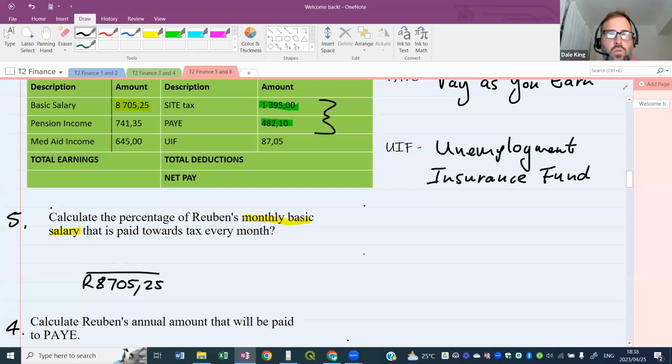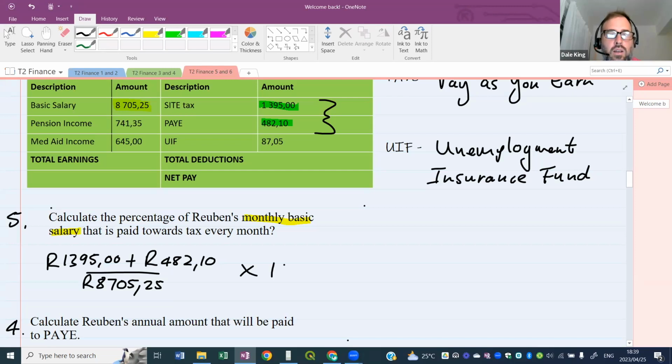In the fraction, you can do a calculation on the side, or you can do it all in one sum, which is what I'm going to do. At the top of my fraction, I want all my tax, which is going to be the 1395 and the 482. I want to know what these two tax values are as a percentage of Ruben's basic monthly salary.